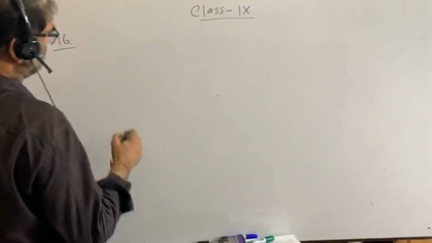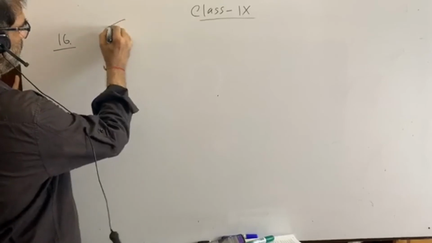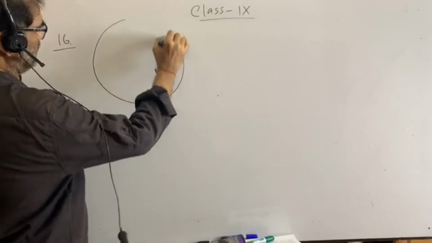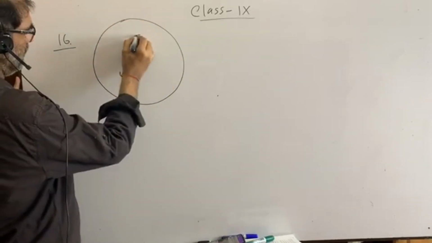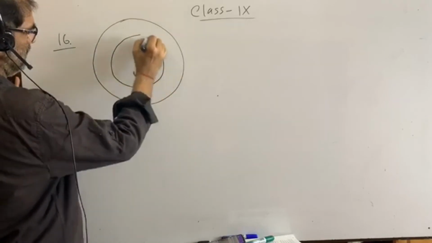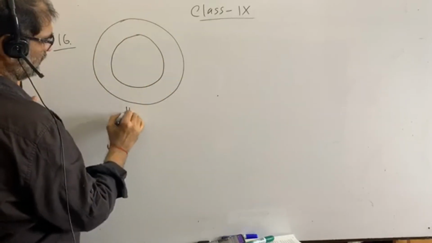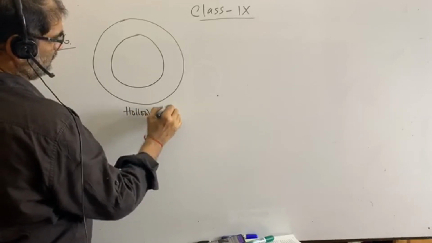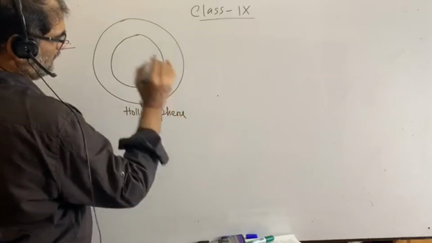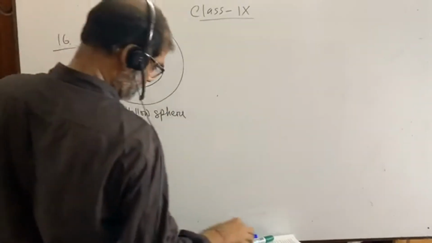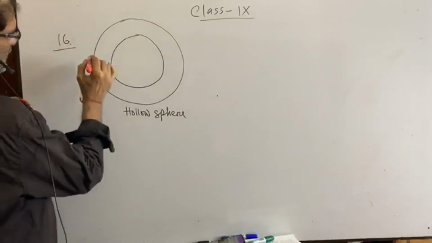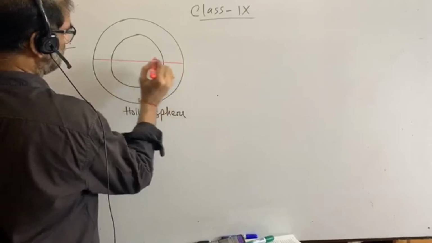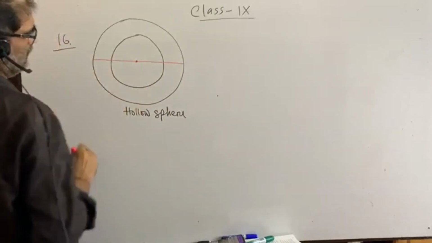What is meant by that? Suppose it is a hollow sphere, right? Write down, it is a hollow sphere. Now it is the outer diameter, it is the center.